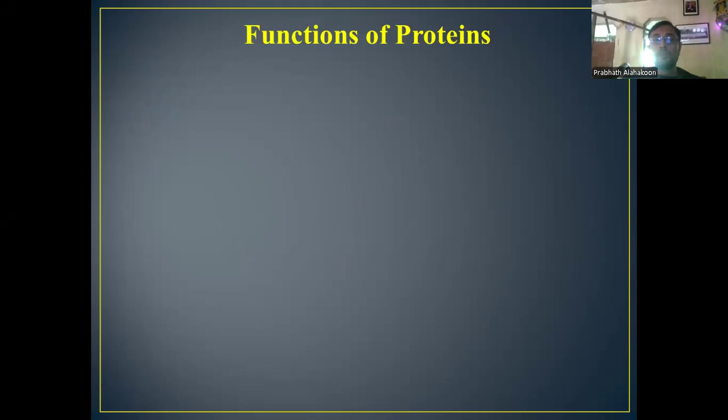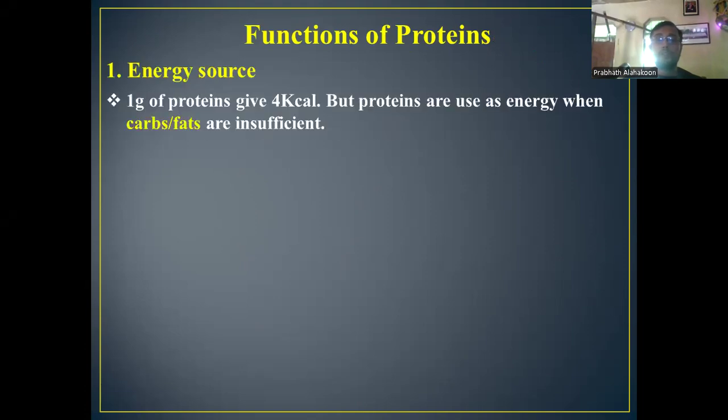Okay, now let's discuss the next topic. It is functions of protein. First function is energy source. 1 gram of protein gives 4 kilocalories, but proteins are used as energy when carbs or fats are insufficient.